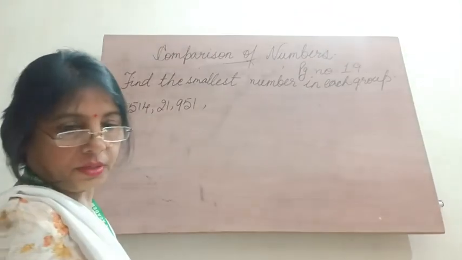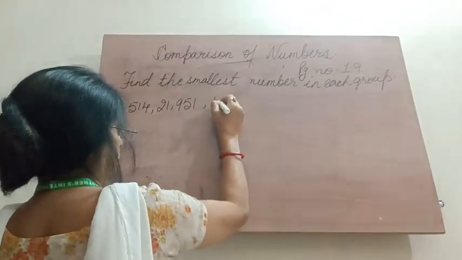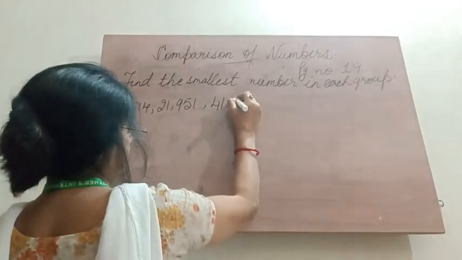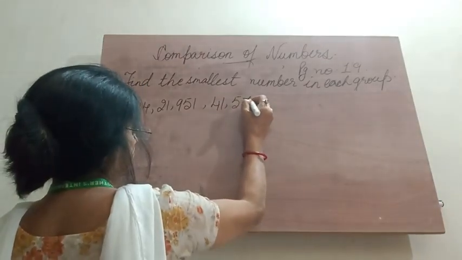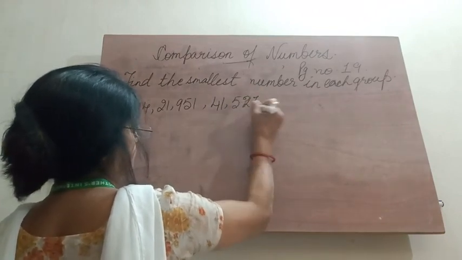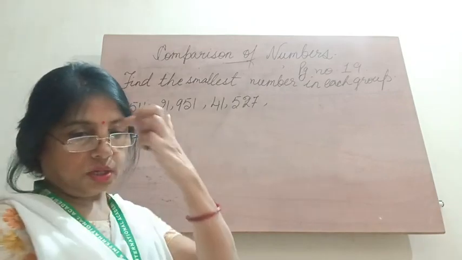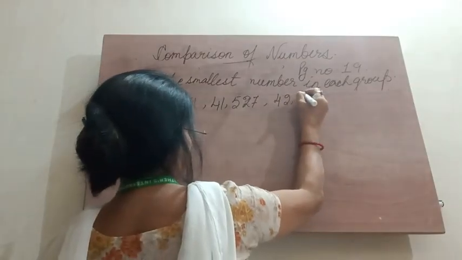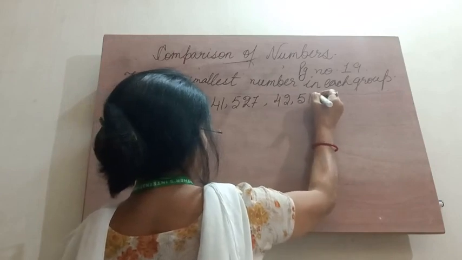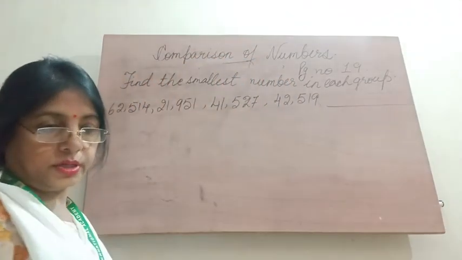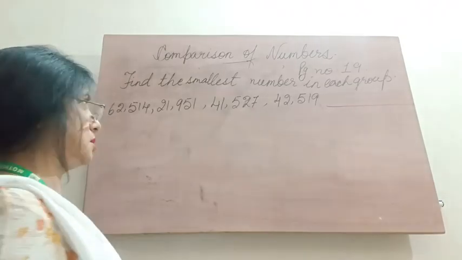The third number is 41,527. And the fourth number is 42,519. Again, the space is given to write down the answer.